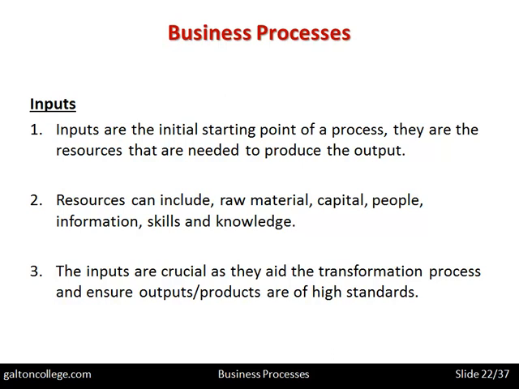The quality of metals can vary. The quality of wood can vary. The quality of the intellectual capacity of people can vary. Some people are very skilled at being computer programmers. Other people are not good at all. Some people are very good, very talented at design. Other people don't have that ability. So inputs are highly variable, and that must be borne in mind.